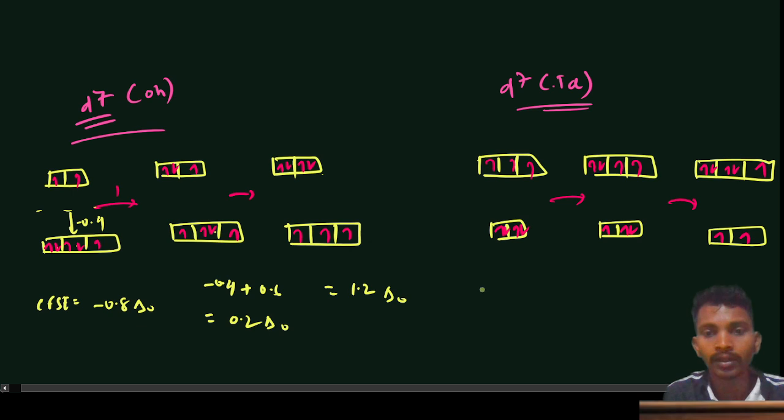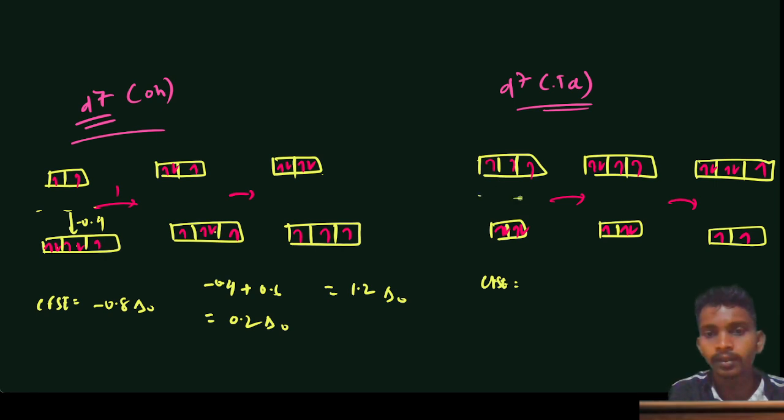For this case we can calculate its CFSE values. Here there are 2, so multiplied by minus 0.6, this is 2 into 6, that is minus 1.2 delta T. And for this case only 0 minus 0.6, and this is 1 plus 0.4, that is going to get minus 0.2.